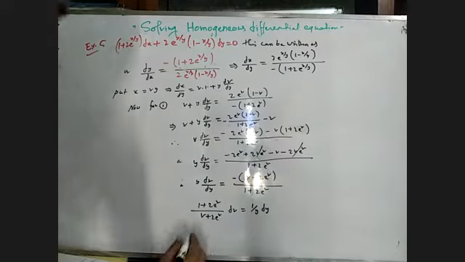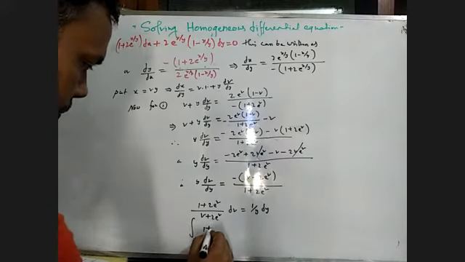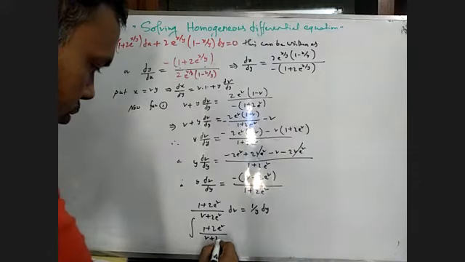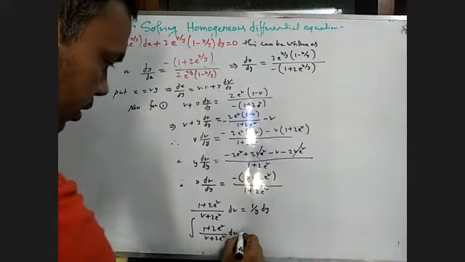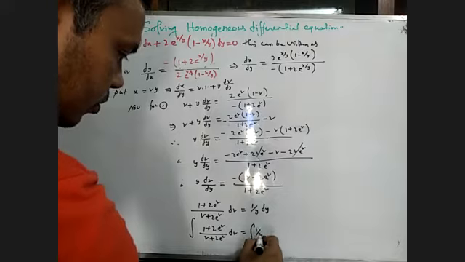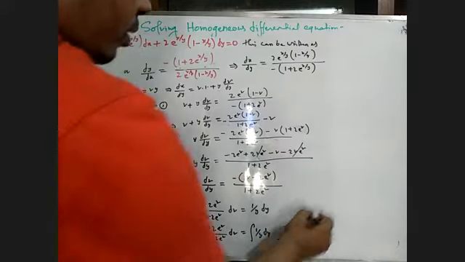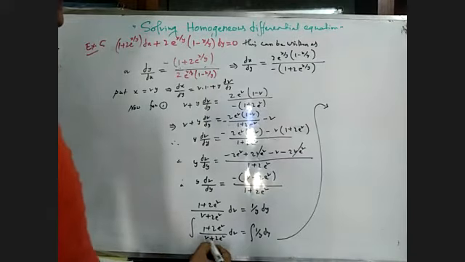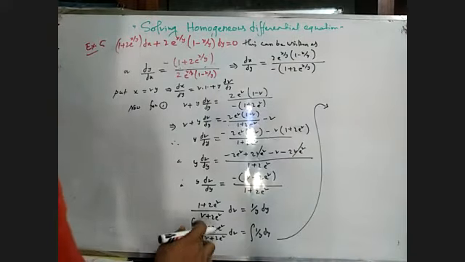Now integrating on both sides, (1 + 2e^b) over (b + 2e^b) db equals 1 by y dy. So differentiation of denominator equals to numerator, right?